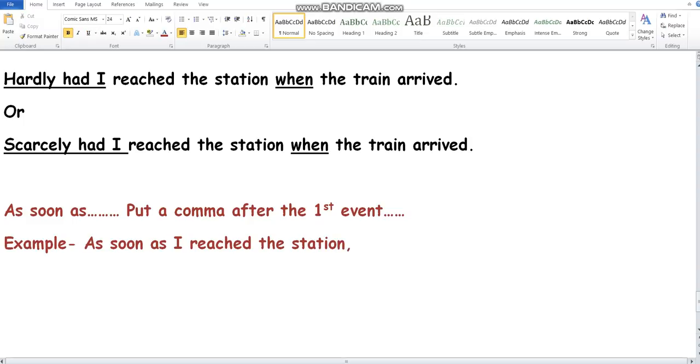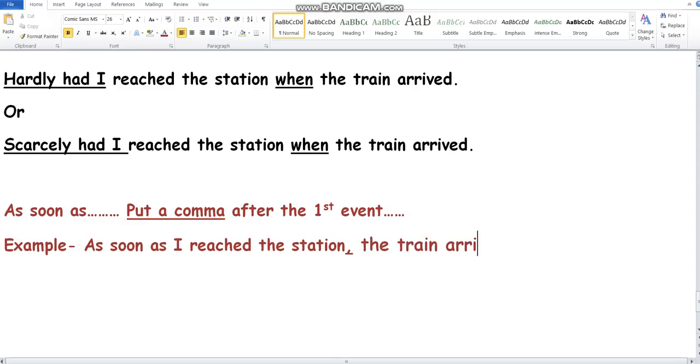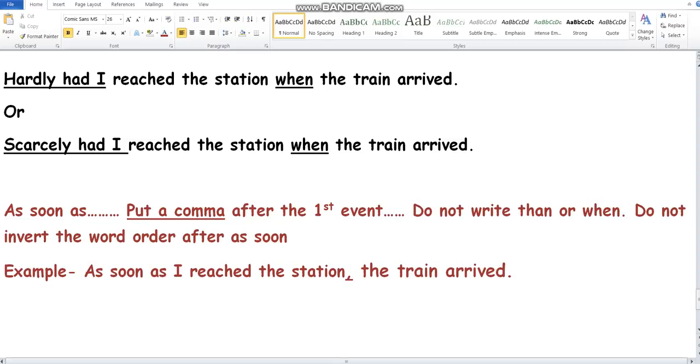As soon as I reached the station, the train arrived. Full stop. In a sentence beginning with as soon as, we do not write than or when. That's the first thing that you need to remember.